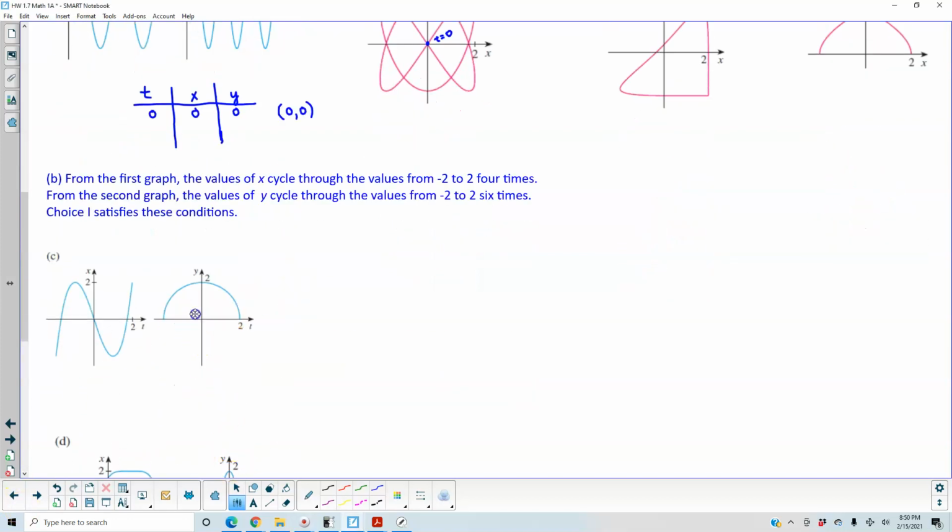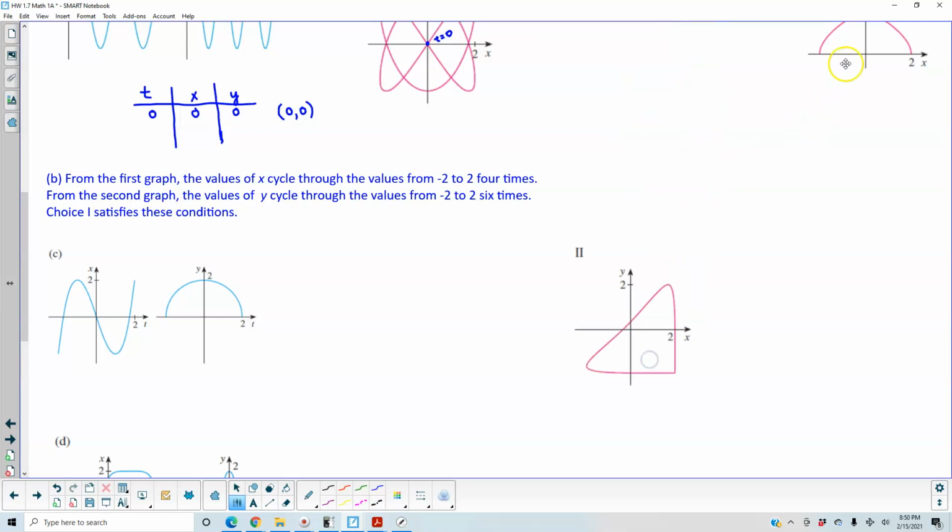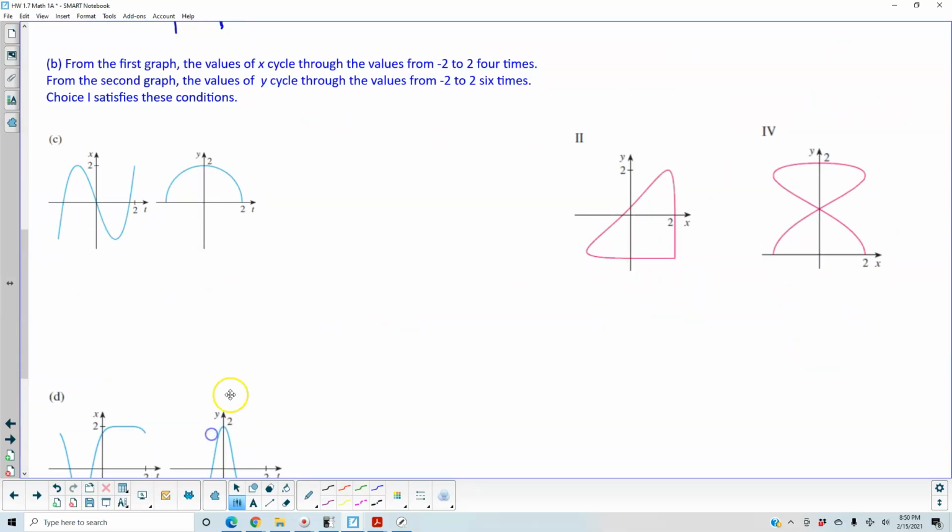So now let's take a look at graph C. The two choices that we have left are 2 and 4. So again here, if we have our table, we have the value of t, the value of x, and the value of y. Let's see when t is equal to 0.